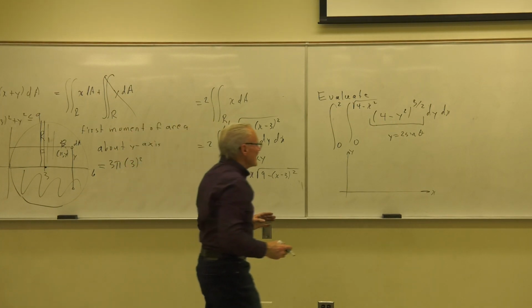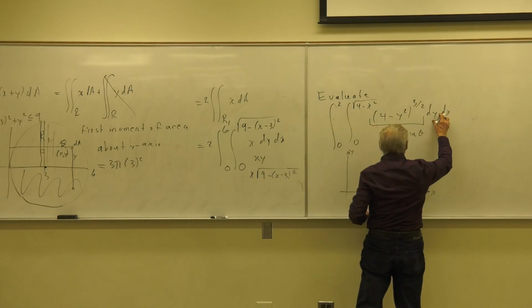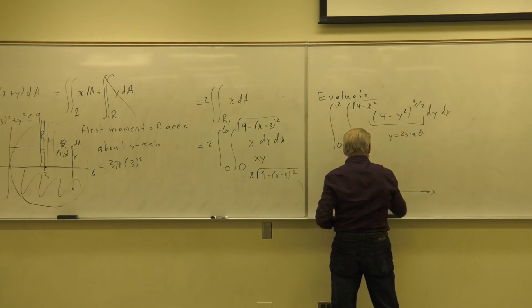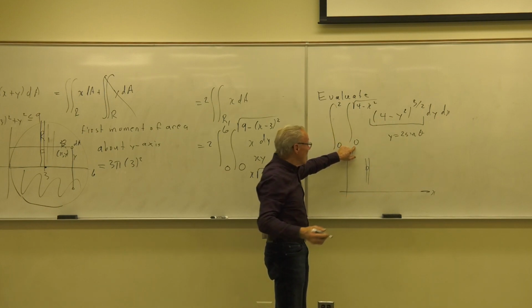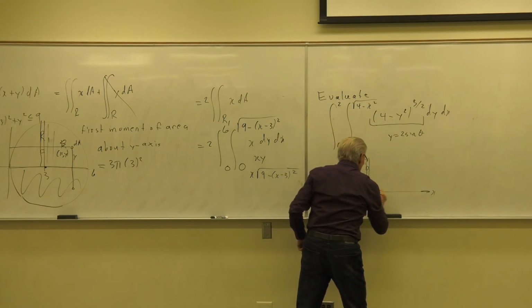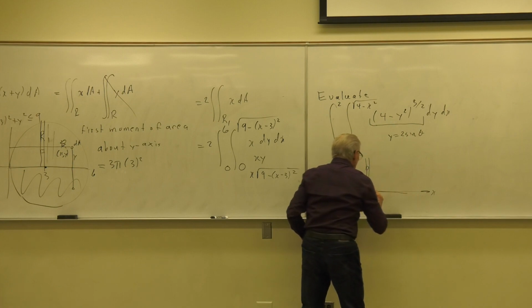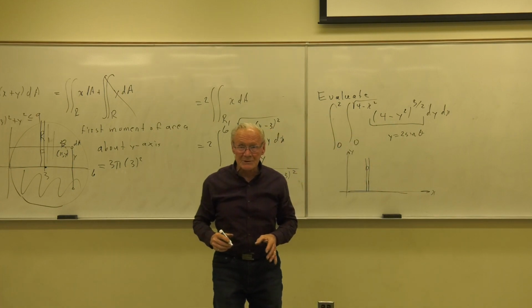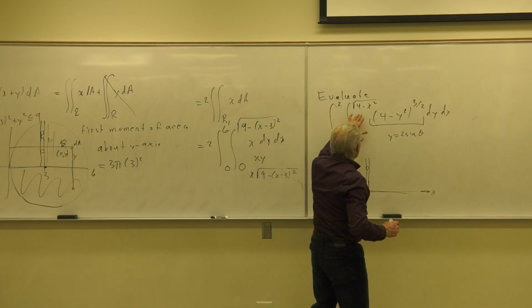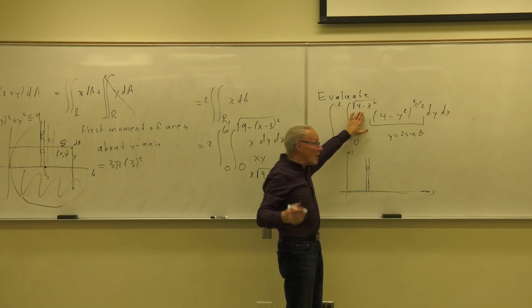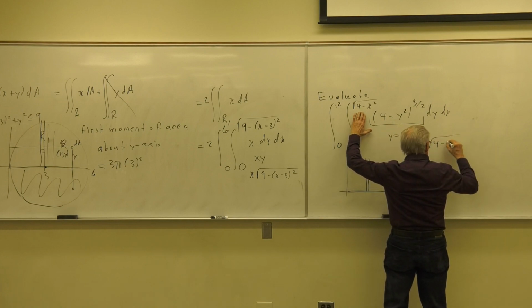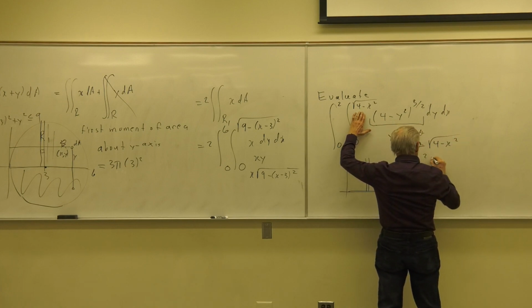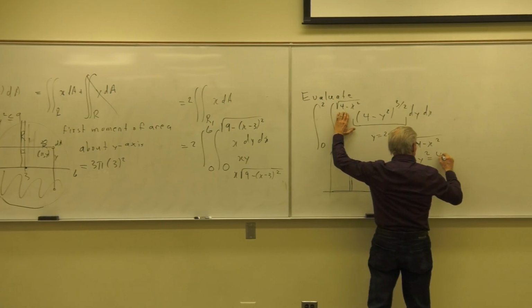This is saying we took vertical strips. This limit is telling us where they all start. All the strips start when y is equal to 0 along the x-axis. This limit is telling us where they all stop. They stop when y is equal to the square root of 4 minus x squared, which is the same as x squared plus y squared equals 4.